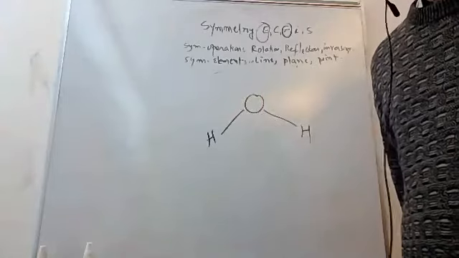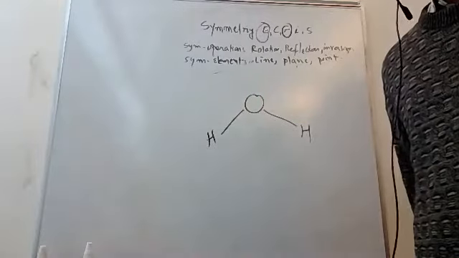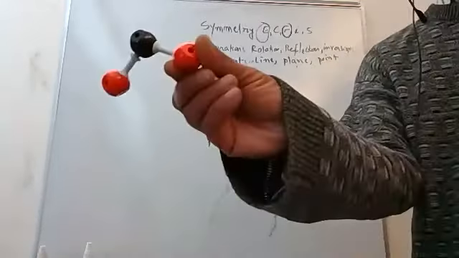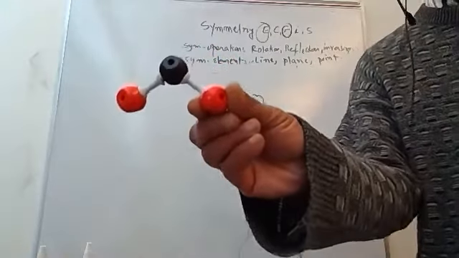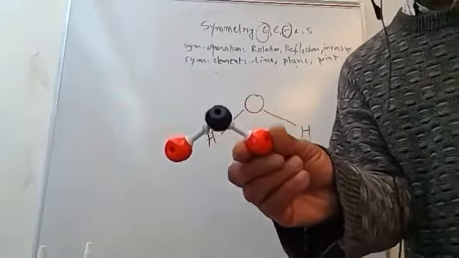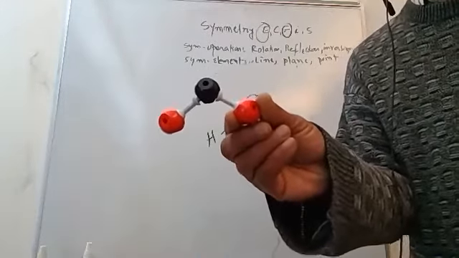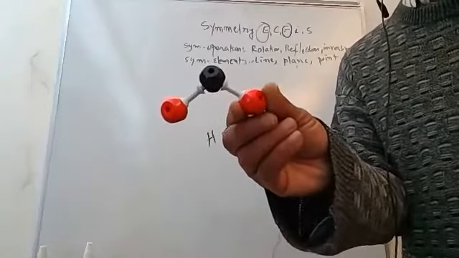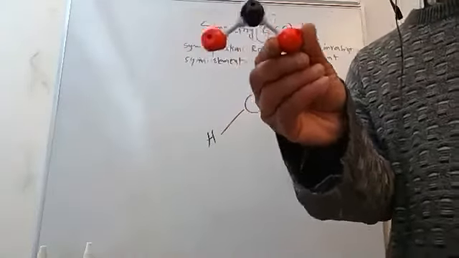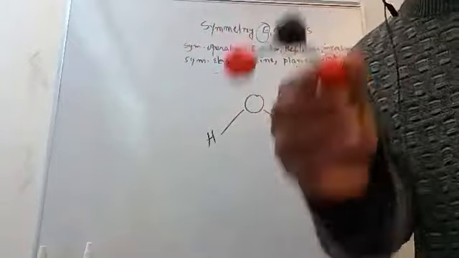Is water a planar molecule? Water is a planar molecule, right? Look at the water here. If you have 3 points in space, they must belong to a plane. That's what mathematics tells me. 3 nonlinear points, of course. These are 3 nonlinear points, so this must be a plane.